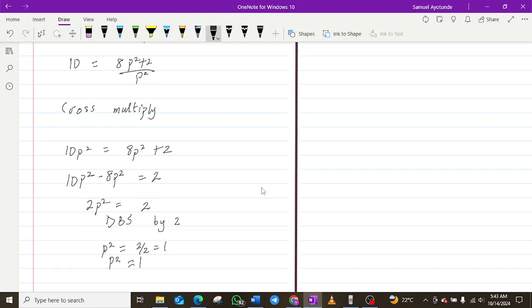If we take the square root of both sides, p will be the square root of 1, plus or minus, because anytime we take root, the answer can be positive or negative.